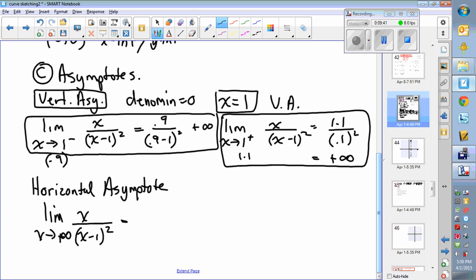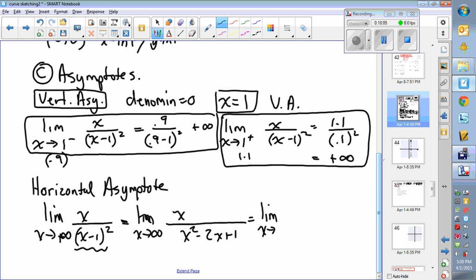So if I rewrite this, limit as x goes to infinity, in the numerator you have x, and I'm just going to expand that bracket, x squared minus 2x plus 1. The only reason I do that is because you've learned in previous sections how to do a limit as x approaches infinity.